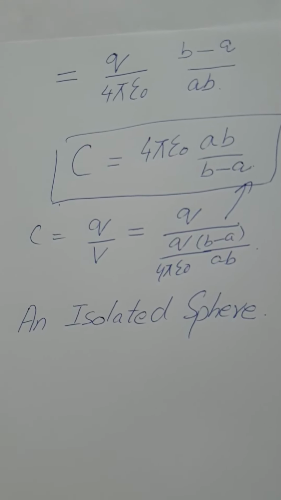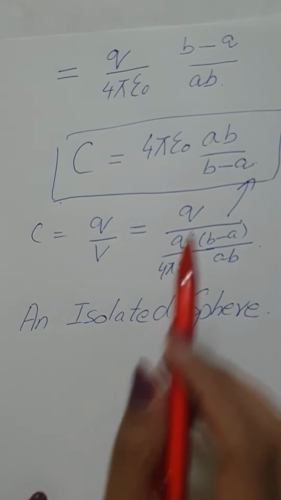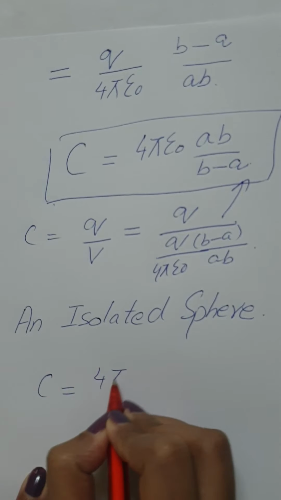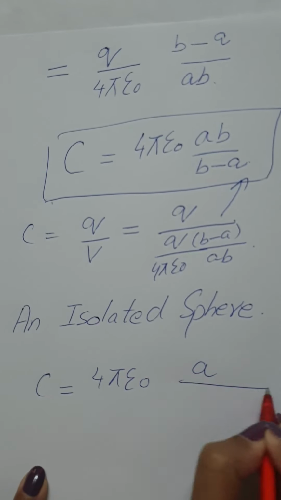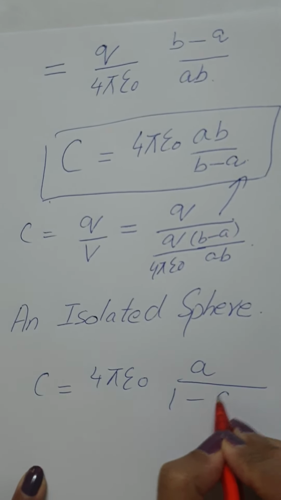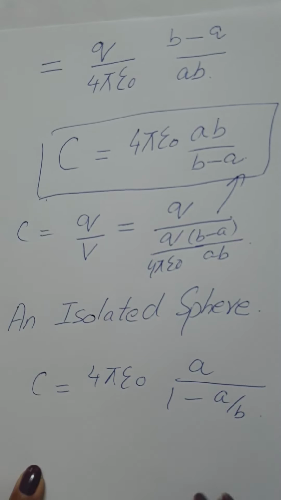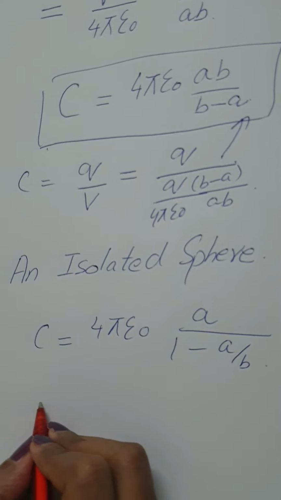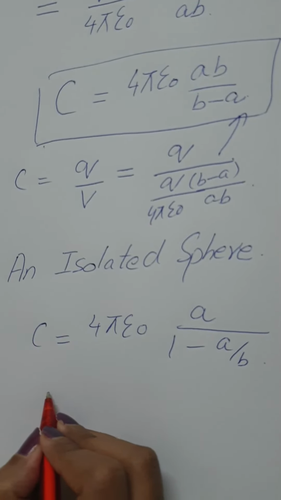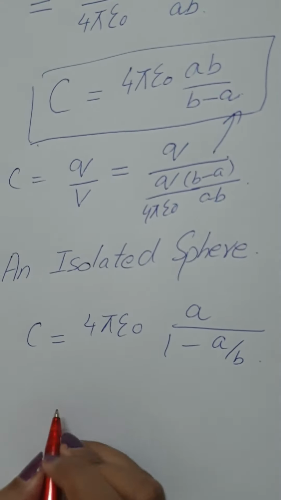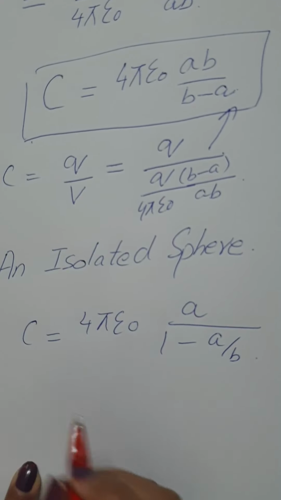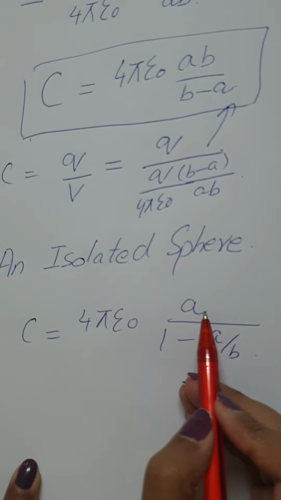So to find the capacitance, we first write this equation as 4 pi epsilon naught a over 1 minus a over b, and then let b reach infinity and we substitute R for a.